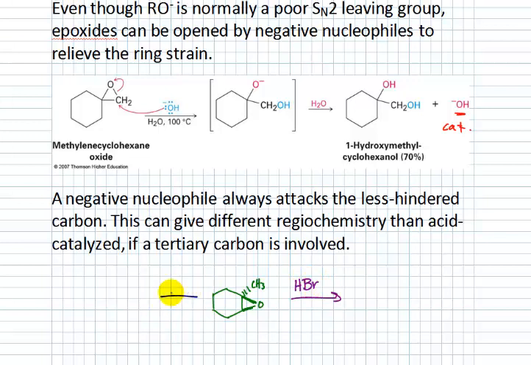The other that is base catalyzed. So let's just do Br minus, for instance. So with HBr, we protonate the oxygen, and then the nucleophile attacks the more hindered carbon.